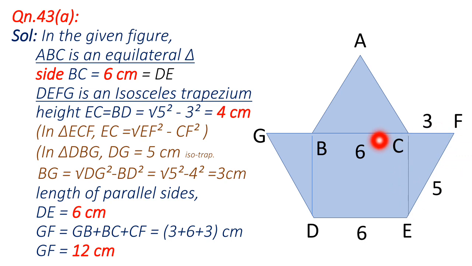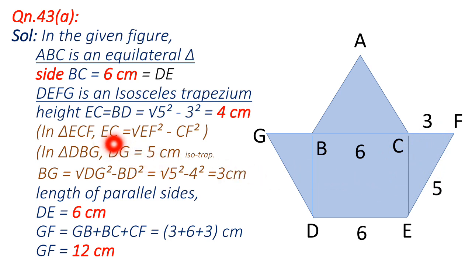By the same sense, we can use here the length of this EC is equal to the square root of the square of EF minus the square of CF. This is the hypotenuse, the longer side. So the square of the hypotenuse minus the square of one side gives the square of the third side, and if you take the square root, we will get the exact length.